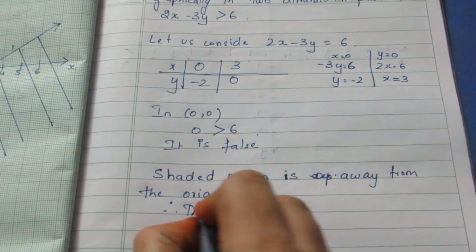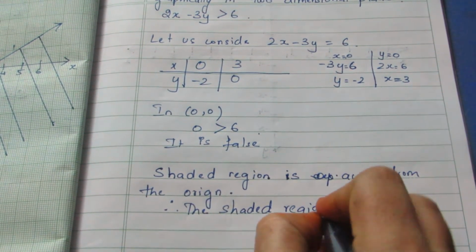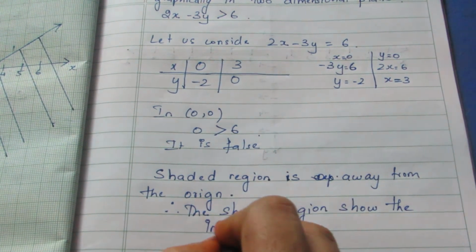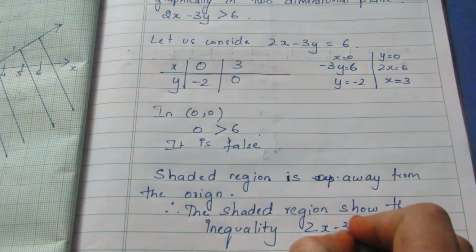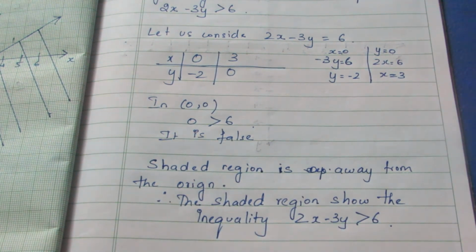Therefore, the shaded region shows the inequality 2x minus 3y is greater than 6. So our shaded region will be the graph of 2x minus 3y is greater than 6. That's all with the sum. Thank you.